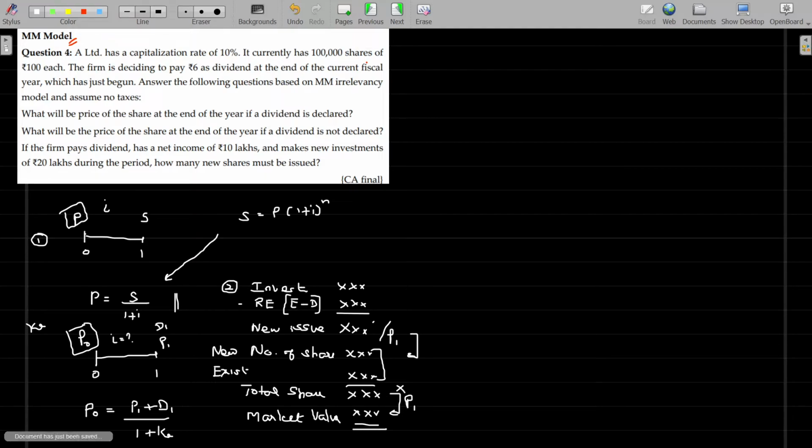When that investment is made, to the extent of the existing retained earnings we already have money, and the balance shortage is raised through fresh issues. That is his assumption. For raising through the fresh issue, whatever the share price is on that date, using that number we have to calculate the number of shares supposed to be issued by the end of first year. So by the end of first year after the issue, there are existing shares and new shares, which together give the total number of shares. My question is, what is the total number of shares available? Based on that you have to find out the market value of the shares. The market value is nothing but number of shares into the price applicable as on the date of calculation.